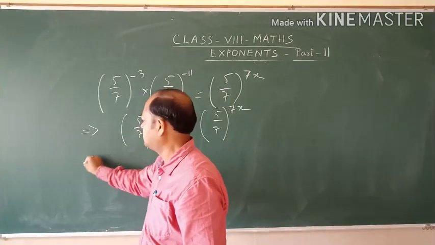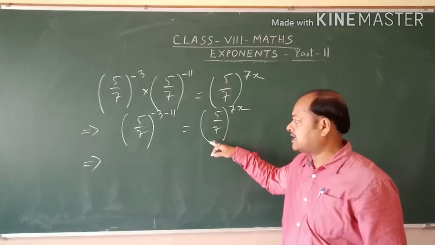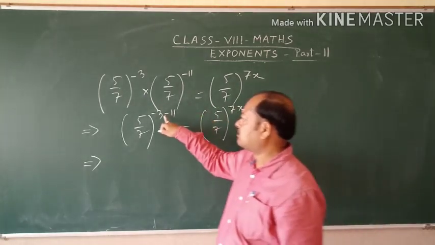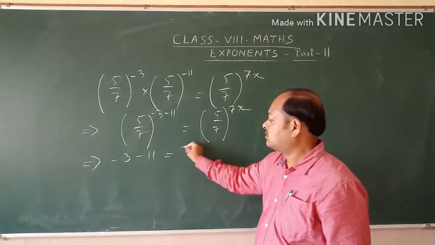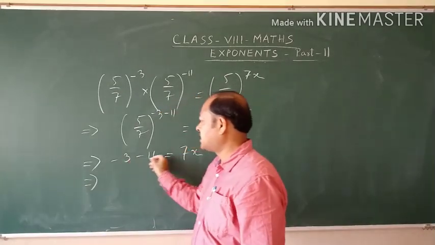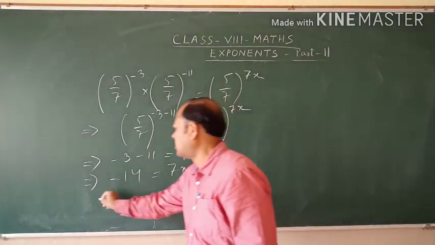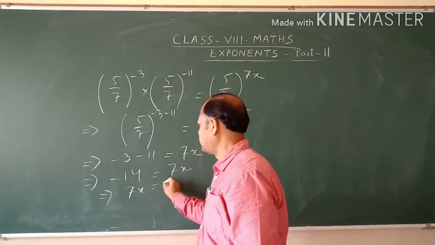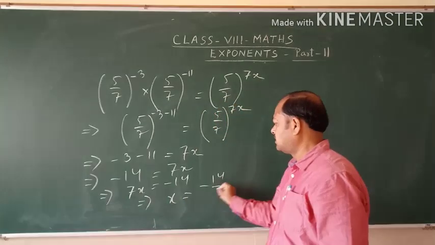Give the implies symbol. We see that on the left hand side, LHS, and the right hand side, RHS, both the bases are the same. So make the powers equal. Here minus 3 and minus 11 is the exponent, and on the right hand side the value is 7x. So you can write minus 3 and minus 11 will be minus 14 equal to 7x, or 7x equal to minus 14, or x equal to minus 14 upon 7.